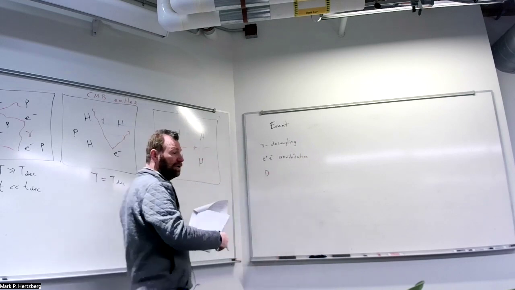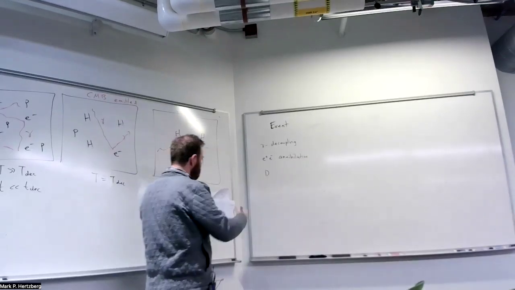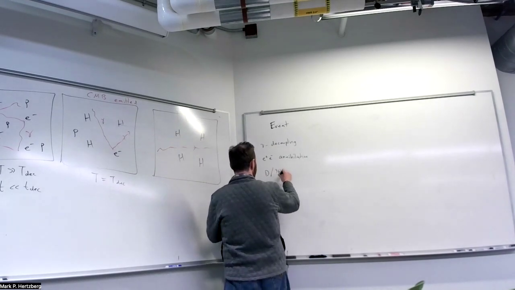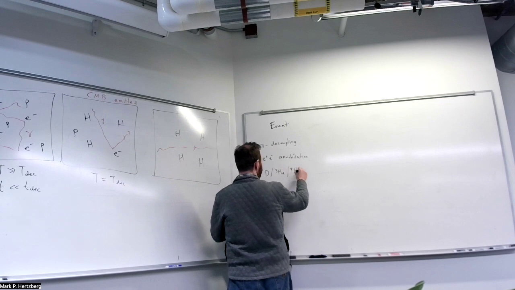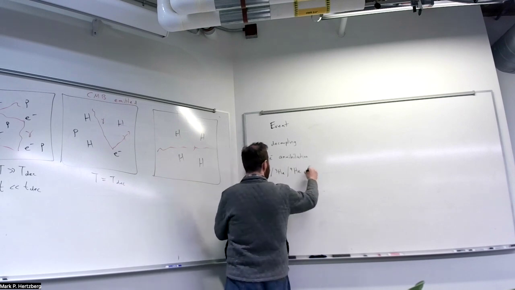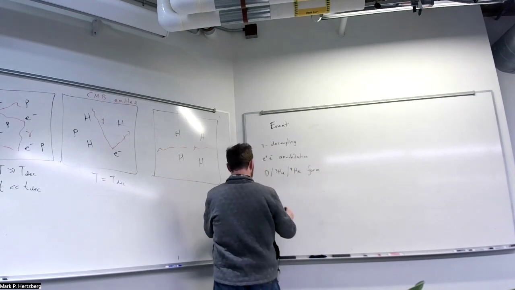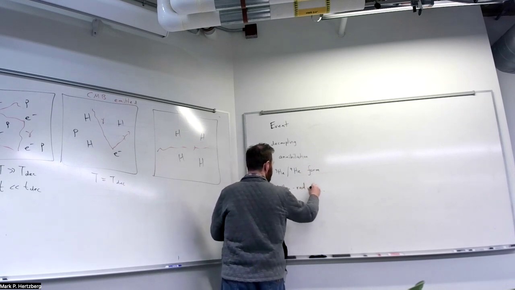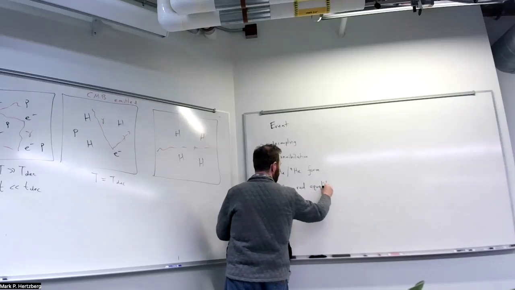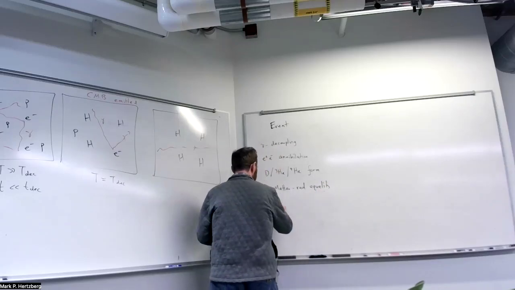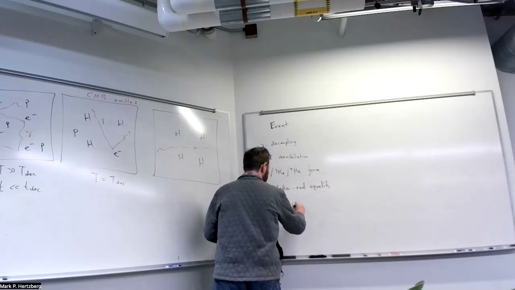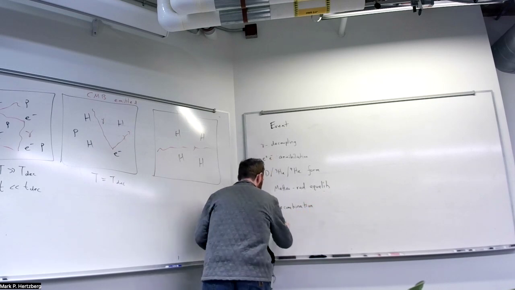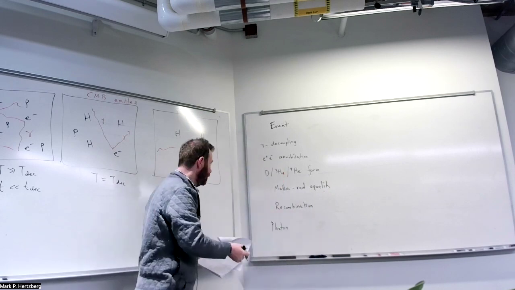And elements, nuclei at least, deuterium, not neutral atoms, but the nuclei, helium-3 and the most stable helium-4 formation, matter radiation equality, recombination, and photon decoupling. Okay, so putting in chronological order.